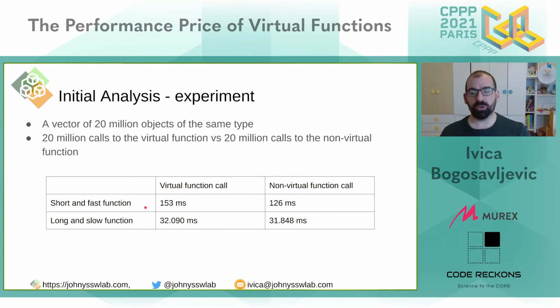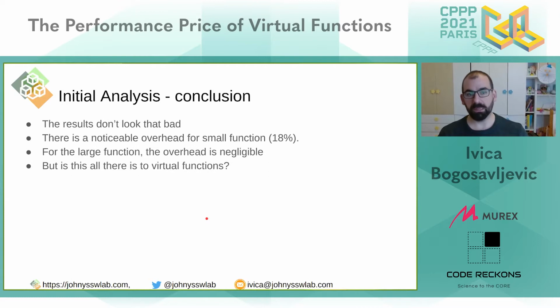For a really short and fast function, there is some overhead, maybe 20% in my measurements, but for a long and slow function, it's almost invisible. So the first thing we can say is that the results don't look that bad. There is some overhead for small functions. For large functions, there is almost no overhead.